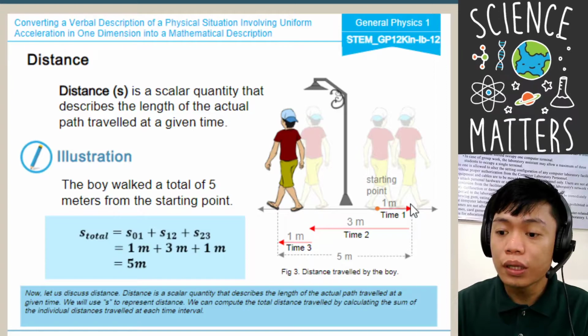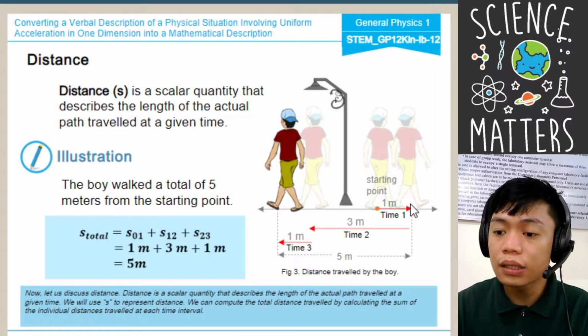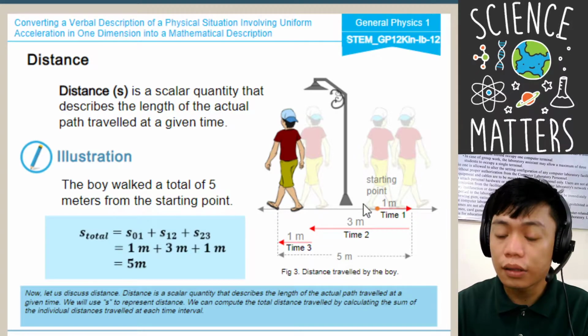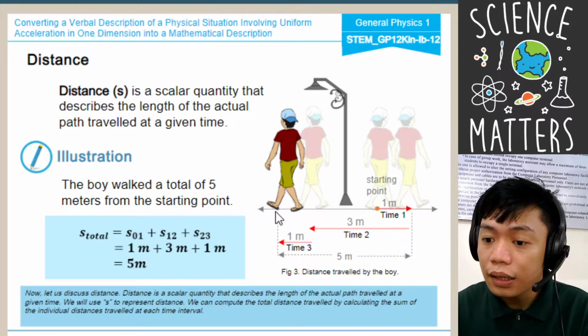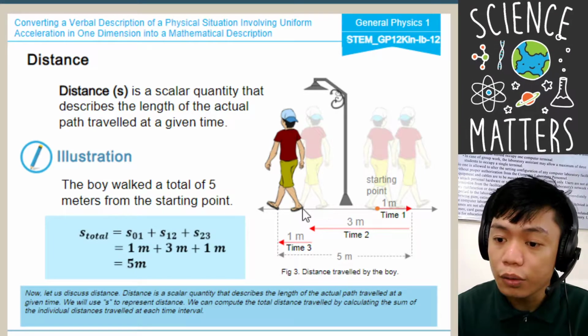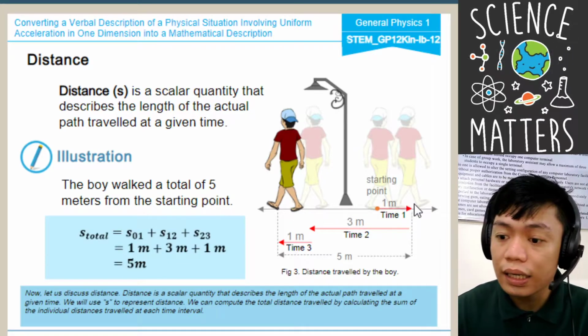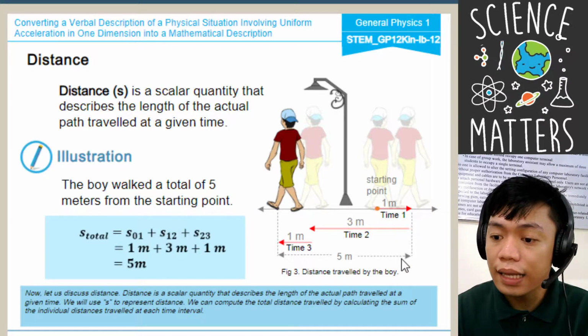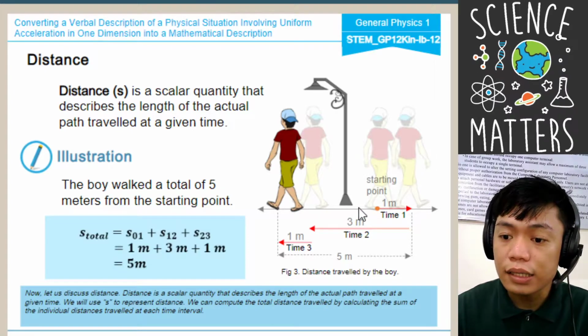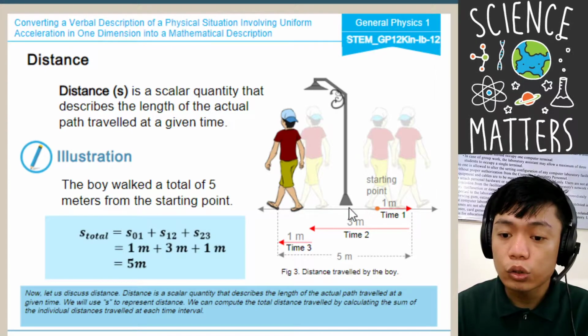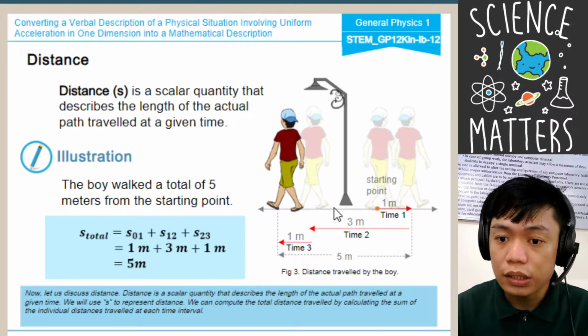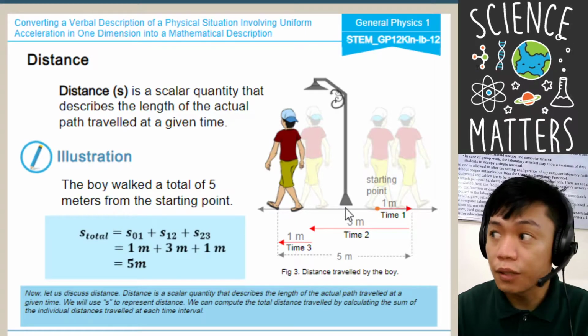Then plus 3 meters going towards the left path. So for all the paths where he walked, we add them all in order to get the total distance traveled by the boy.